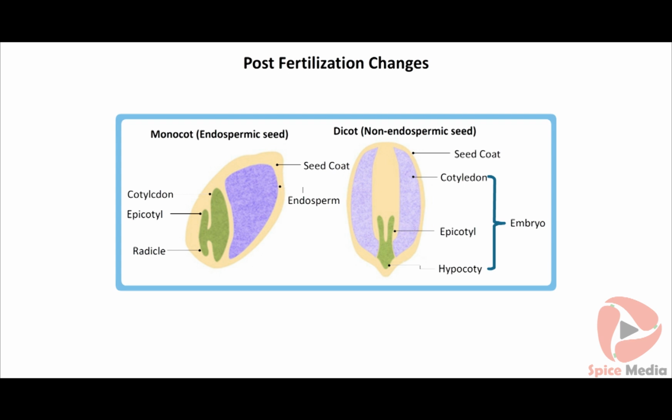Endosperm nucleus either develops to form endospermic seeds as in monocots like maize, wheat and rice, or it may be digested and absorbed to form non-endospermic seeds as in bean, pea, Bengal gram and so on.